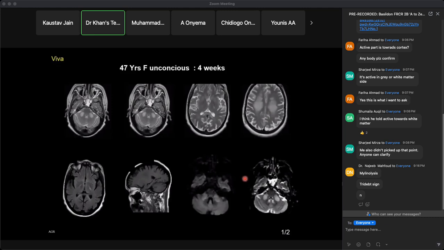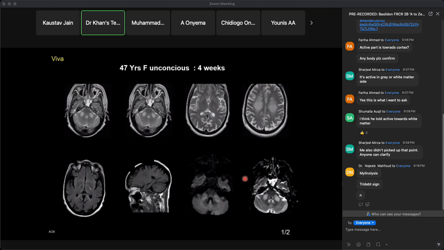Okay, so I've got multiple series of FLAIR axial and DWI axial of a 47-year-old who is unconscious for 4 weeks.